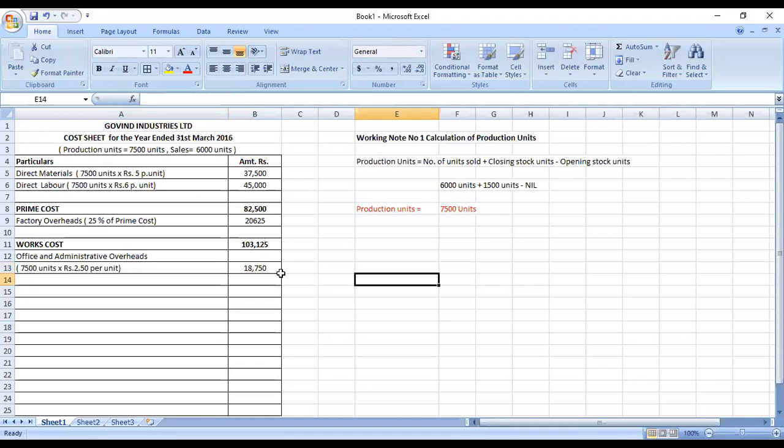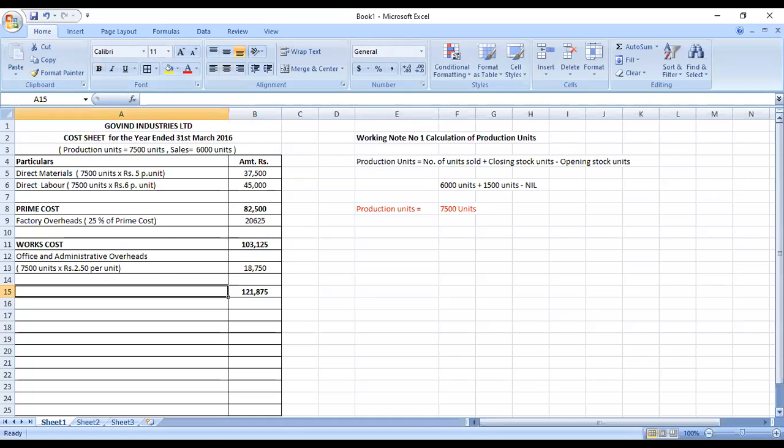Very good. Very nice. So after adding the office and administrative overheads, you will arrive at the figure called, this plus this is equal to 1,21,875.